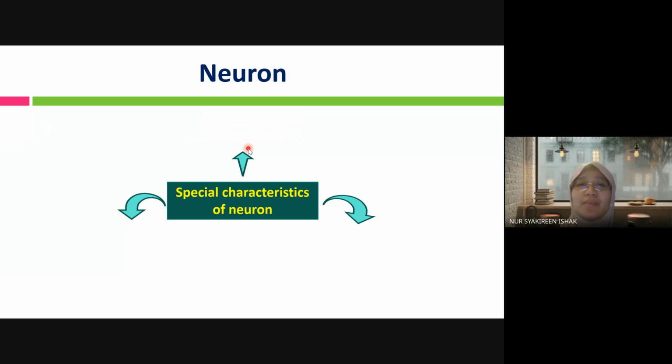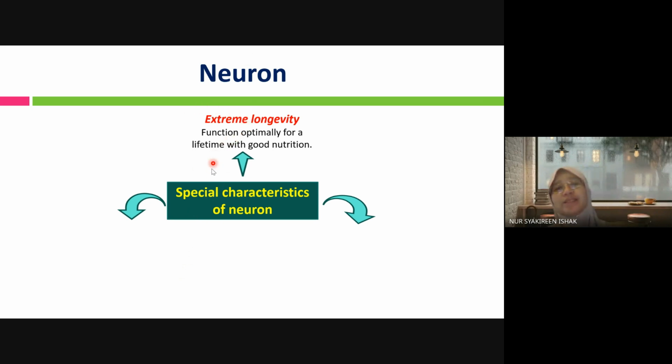Okay. So let's look at the special characteristics of neurons. Extreme longevity: they function optimally for a lifetime with good nutrition. So we have to make sure that we take good nutritious food.